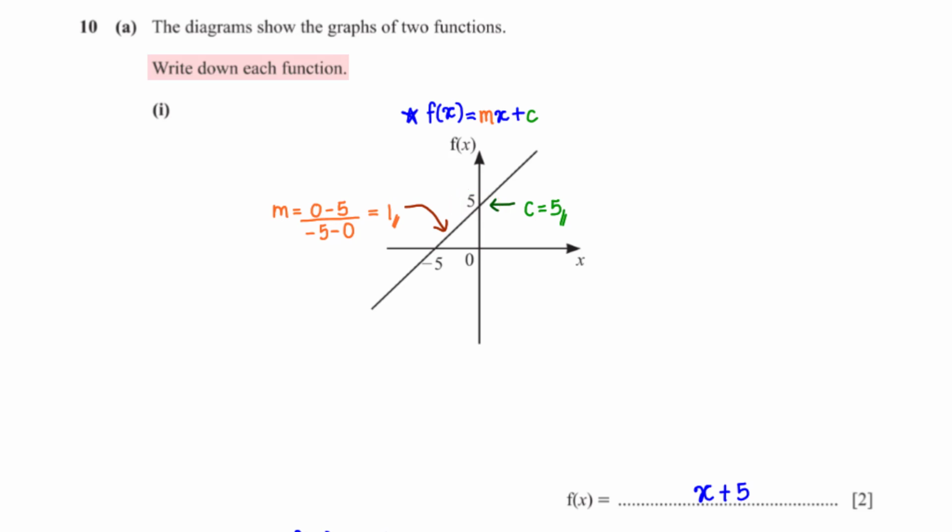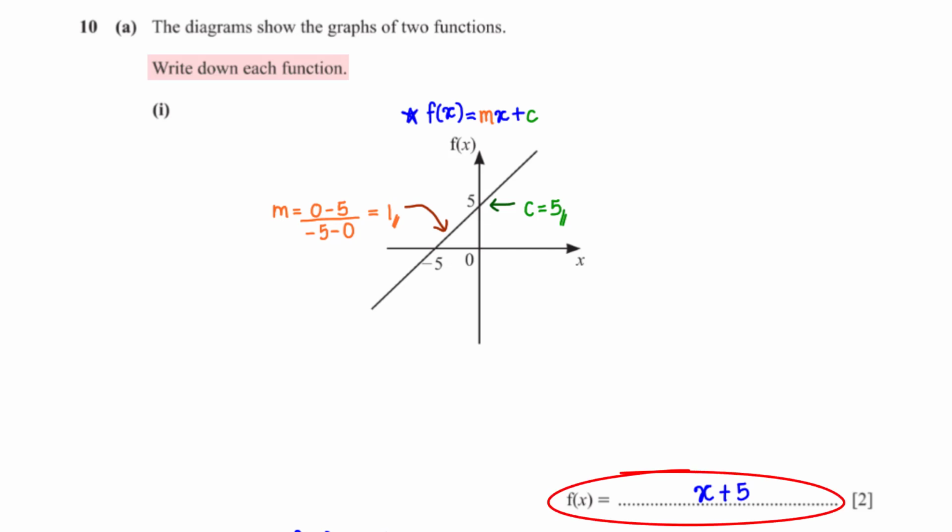Since we know two points on the line, (0, 5) and (-5, 0), we can find the gradient m of the line. This gives us m equals (0 minus 5) divided by (-5 minus 0), which is equal to 1.